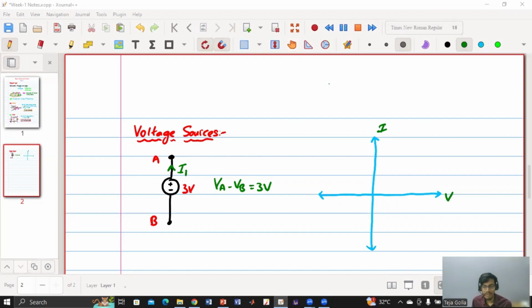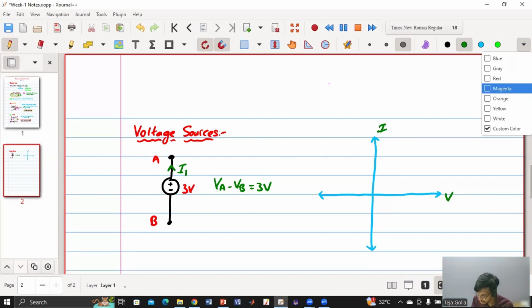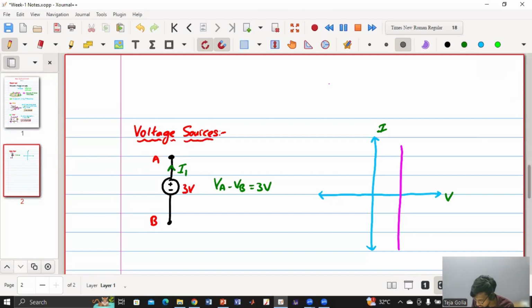So what I said, the voltage is the same. V is always the same irrespective of current. It will be something like this. V is always the same irrespective of the current, and this is equal to 3 volts. So this is the IV characteristic of a voltage source, which means it is parallel to the y-axis.